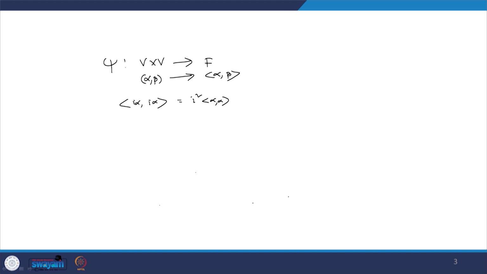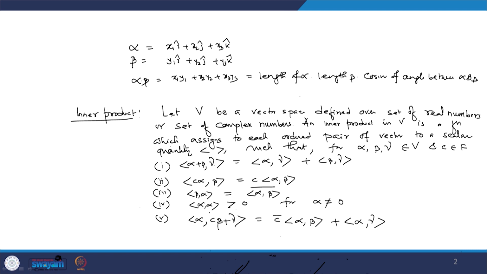So, this is equal to minus the inner product of alpha, alpha, which cannot be greater than 0. Therefore, to satisfy the fourth axiom we need the third axiom.